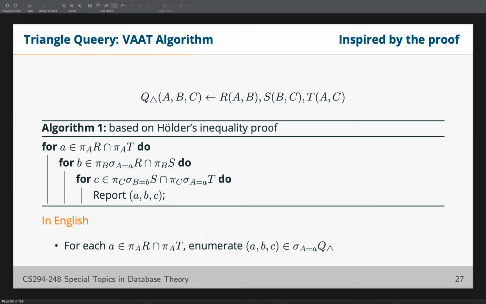This is backtracking search, right? You start from the first value of A when there's a match, and you condition on it, and then look for the next B that will match. This is why it is called a one variable at a time algorithm. Find the first A, and then find the B that will match subject to the A that is fixed now. And then condition on A and B, find the C.